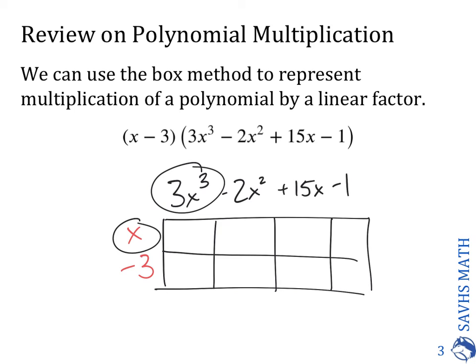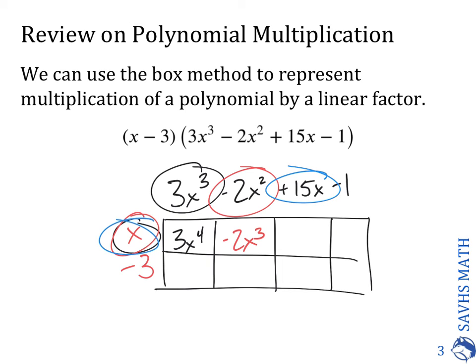So 3x cubed times x is 3x to the 4th. Negative 2x squared times x is negative 2x cubed. 15x times x is 15x squared. And then negative 1 times x is negative x. 3x cubed times negative 3 is negative 9x cubed.